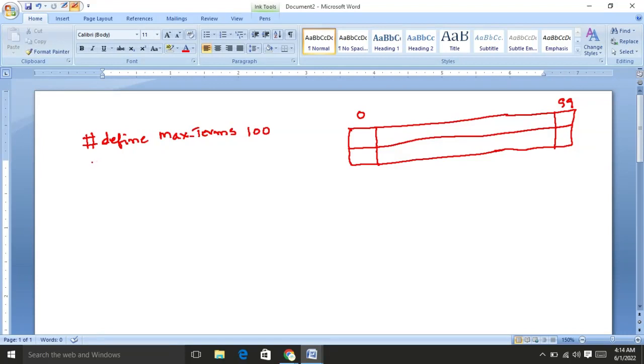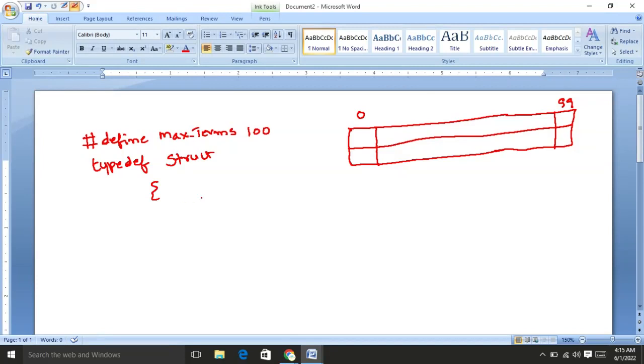Next, I would like to create my own data structure by using the type definition. I write typedef. So the type definition is also used in C or C++ to create user defined data types. Type definition, I write structure. That means the term is the structure.